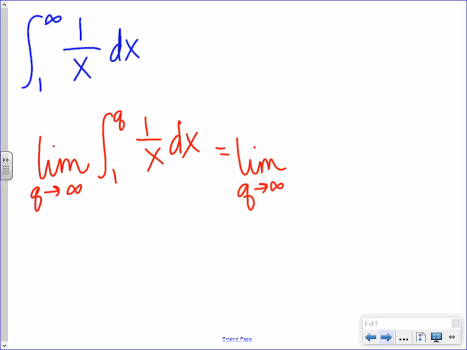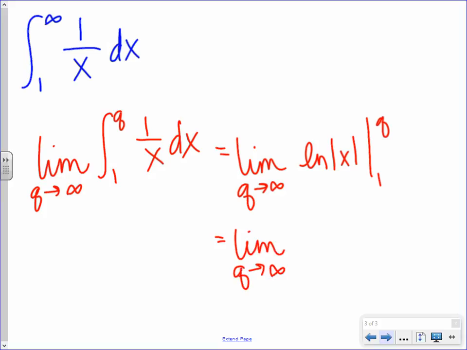Okay. What is the antiderivative of 1 over x? ln x. So we have the limit as Q approaches infinity of the natural log of Q minus the natural log of 1.